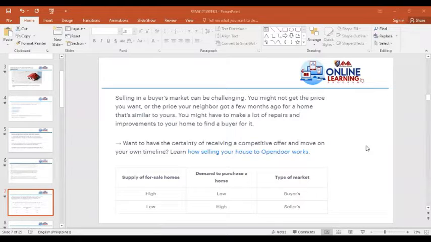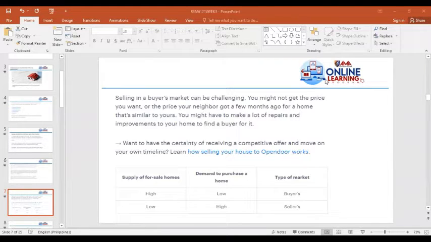So let's take a look at the table, a comparison of supply and demand. We have the supply of homes for sale, the demand to purchase a home, and the type of market. If there is a high supply of homes for sale, the demand to purchase a home is low, so this type of market is a buyer's market.